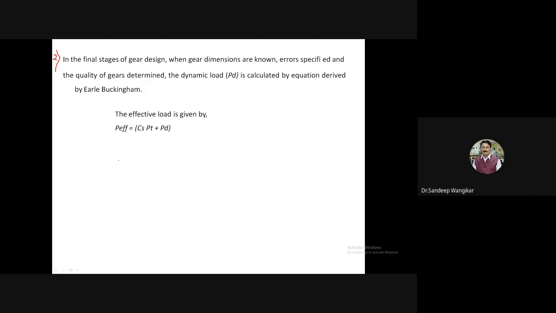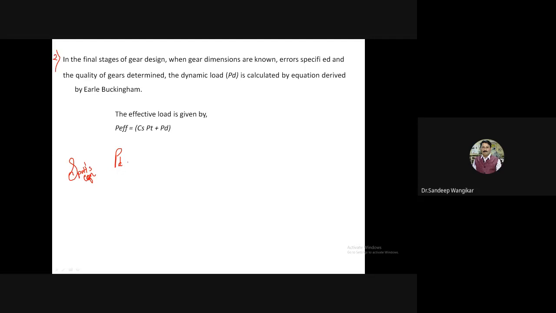And in this case, this PD by using Spott's equation, we are having the formula e n p z p b r1 r2, or rp rg, whatever you say.